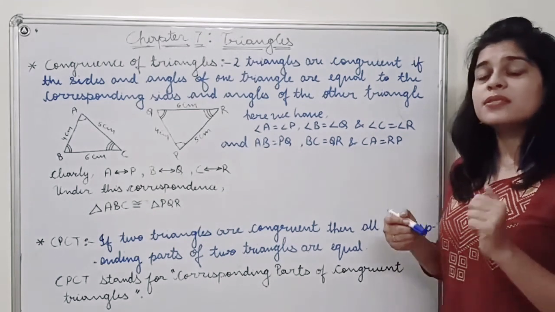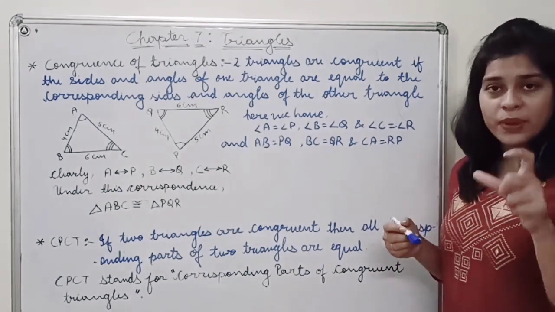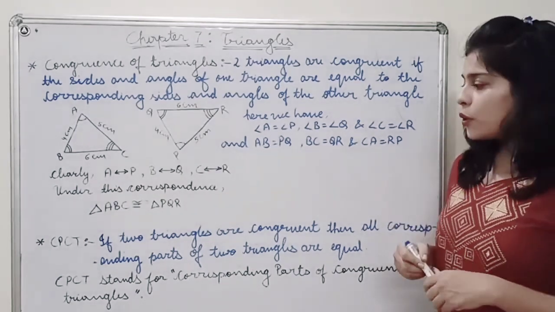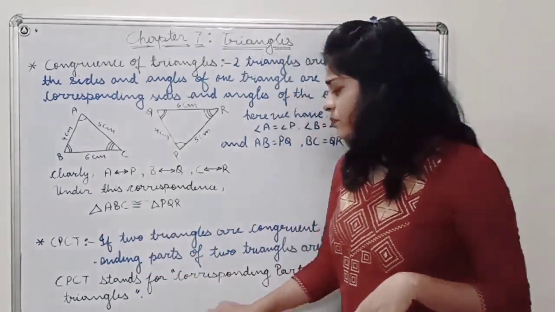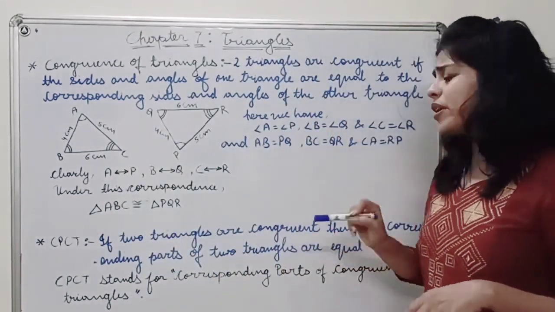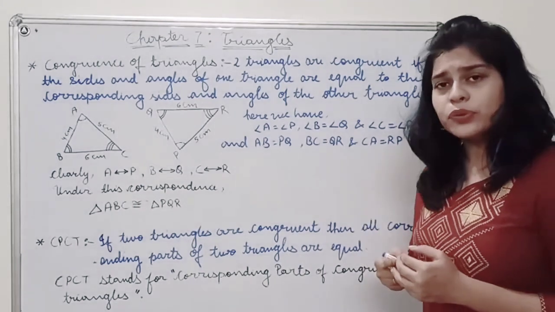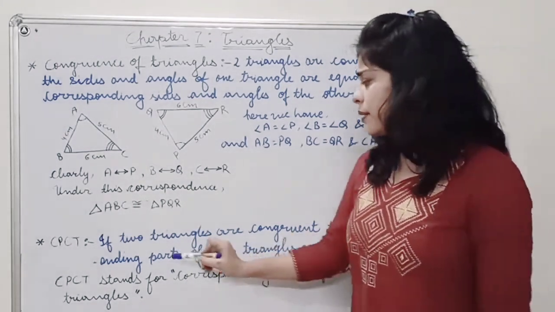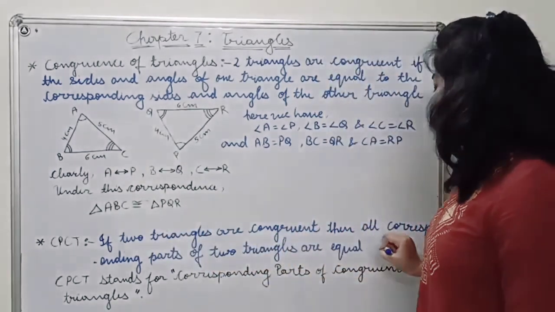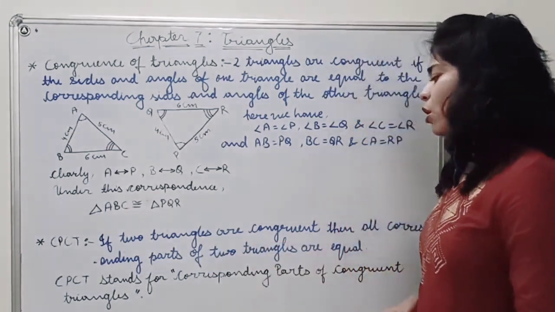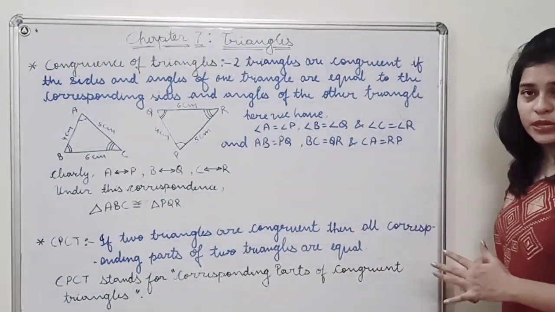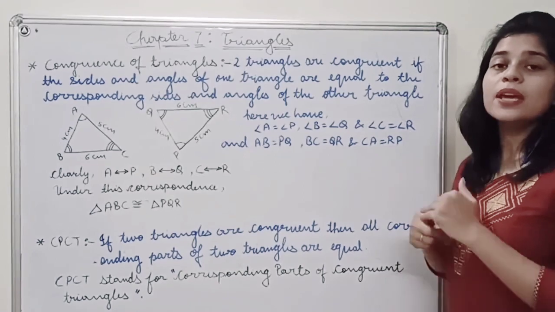Which are the remaining parts? All 3 angles of those 2 triangles. So CPCT stands for corresponding parts of congruent triangles. If 2 triangles are congruent, then all their corresponding parts will also be equal.